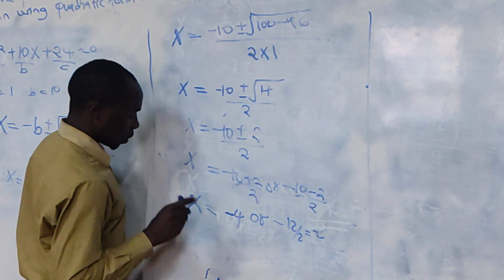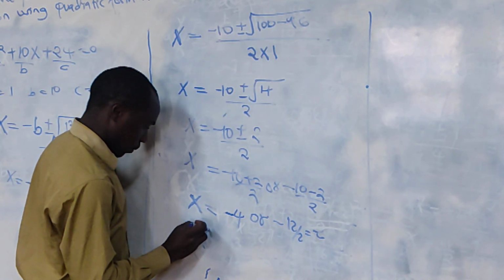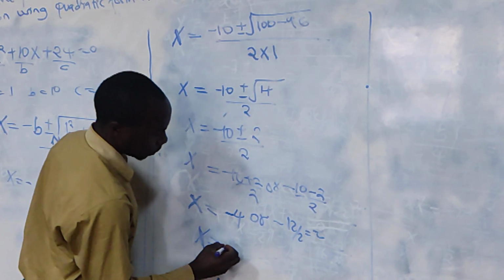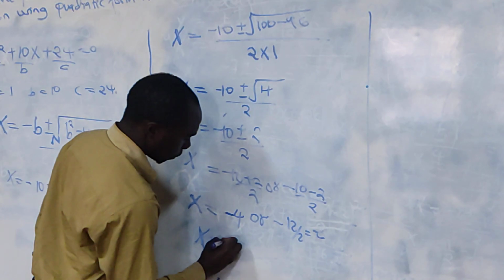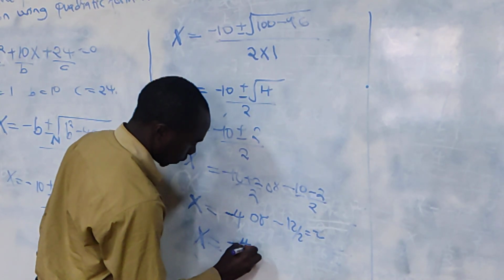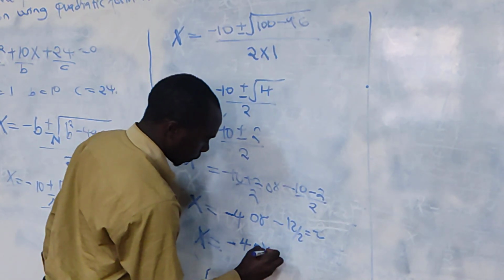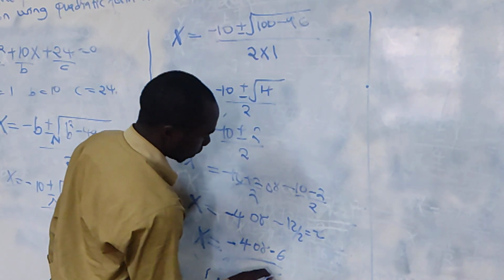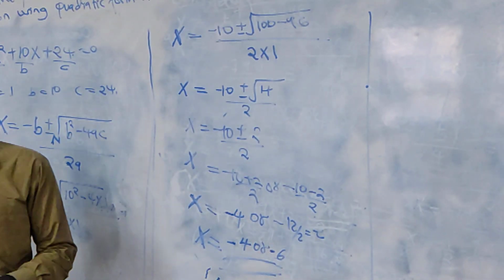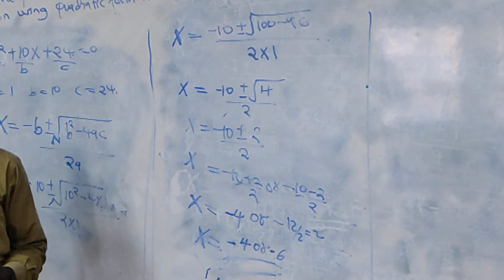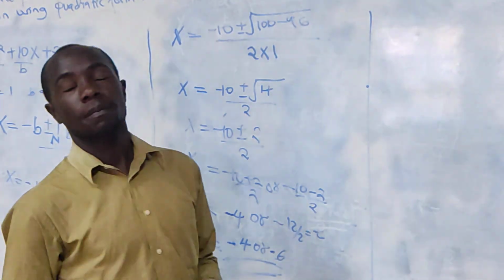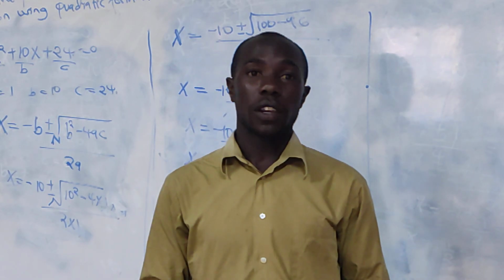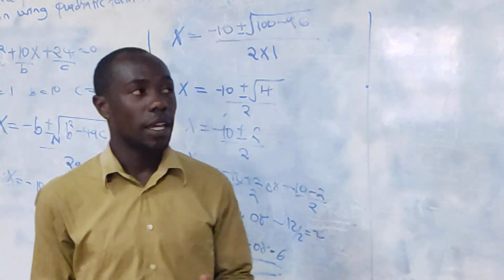So x will be equal to negative 4 or negative 6. Those are your answers. That's how we use the quadratic formula to find a solution of a quadratic equation.